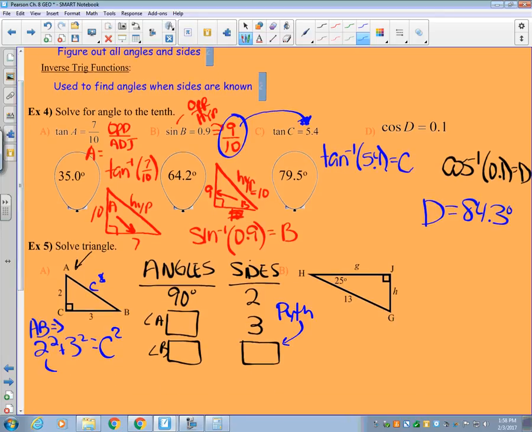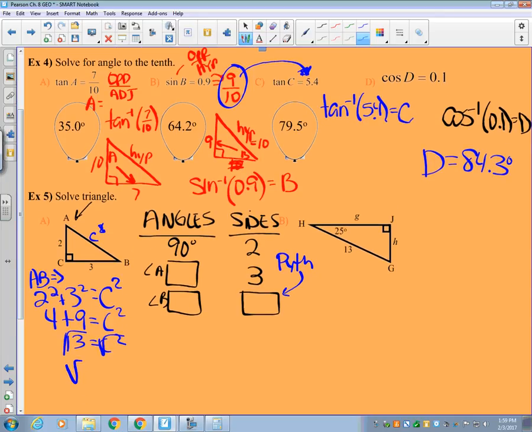So that's 4 plus 9 equals C squared, and then 13 equals C squared. I take the square root of both sides, and I get root 13 equals C. So I'm going to go ahead and put that in. And now I've got all my sides filled out. Now I need my angles.